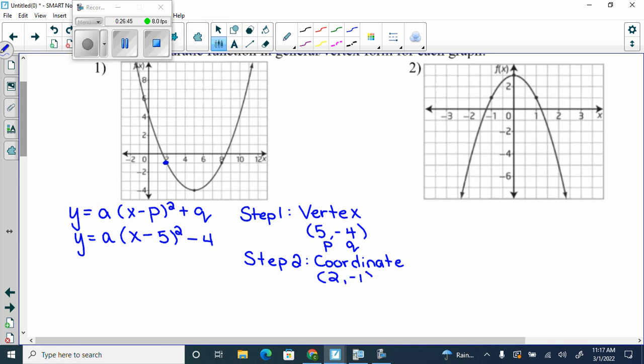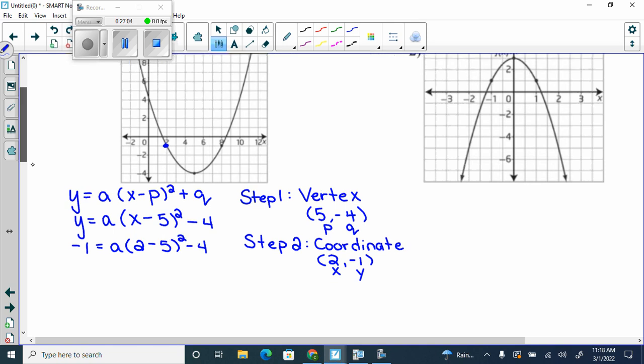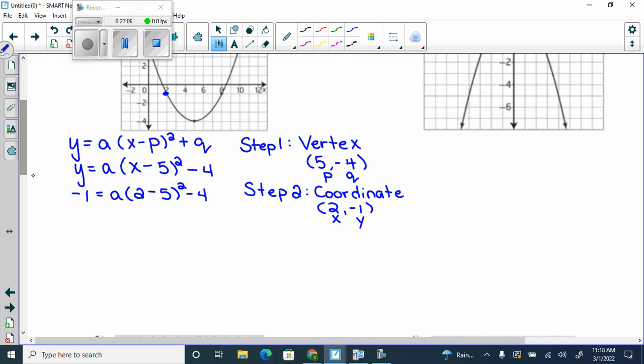I'm going to put that in for my x and my y. I just put them in the way they are. So I'm going to go -1 equals a, and then (2 minus 5) squared minus 4. So far, does it make sense? Get your P and Q, put them in. Get an X and Y, put it in.